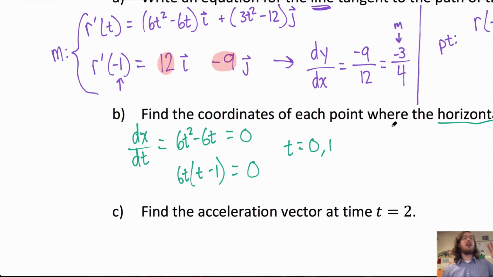So we found the moments in time where the horizontal component of the velocity was 0, but now we want to find the coordinates of each point. So we want to find r of 0 and r of 1.